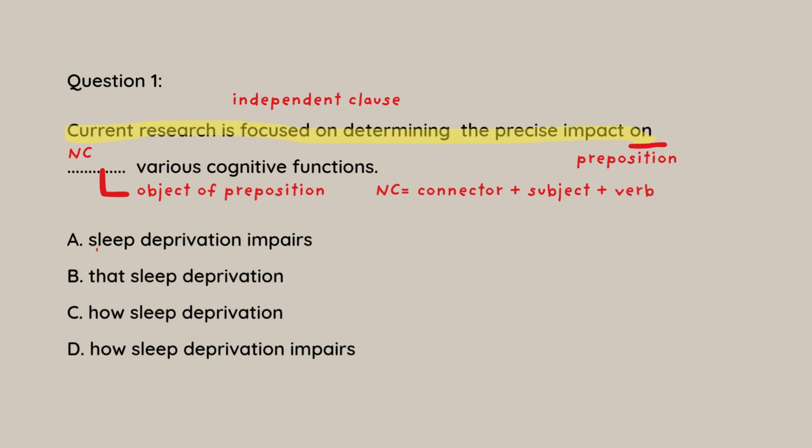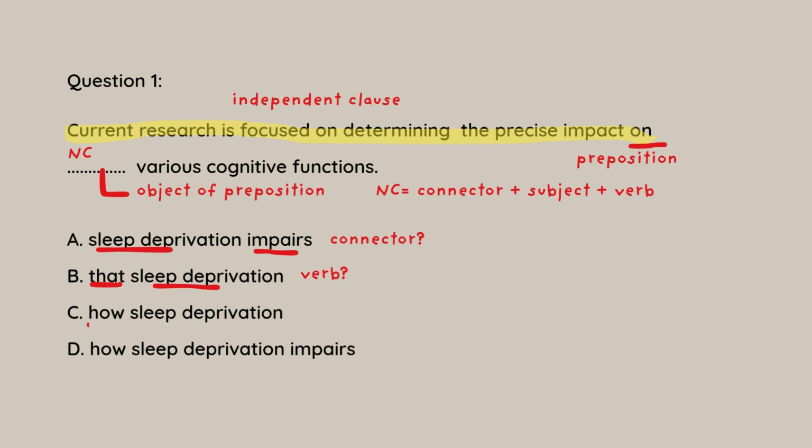Option A has a subject, sleep deprivation, and a verb, impairs, but it is missing a connector, so this is incorrect. Option B has a connector, that, and a subject, sleep deprivation, but it is missing a verb, so this is incorrect.